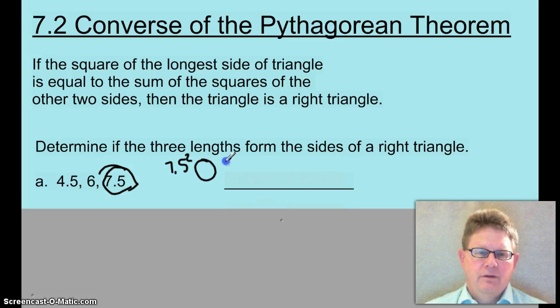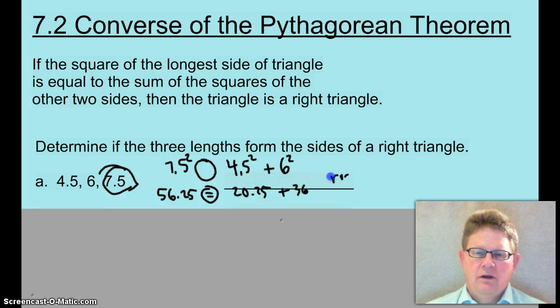Compare that with 4.5 squared added to 6 squared. Alright, this would be 56.25 compared with 20.25 plus 36. Hey, those are equal. This is a right triangle.